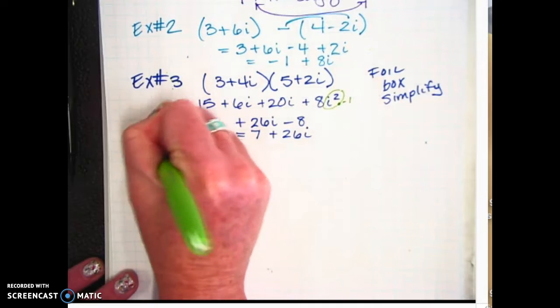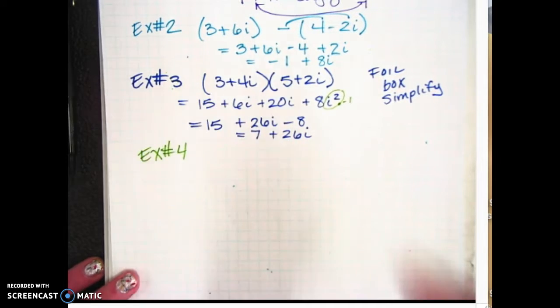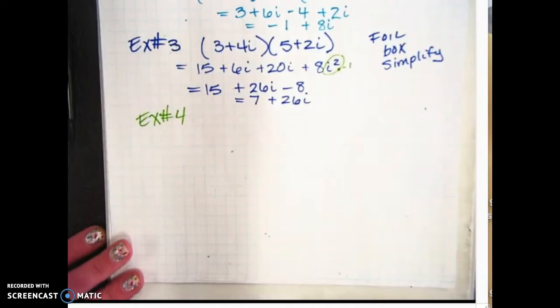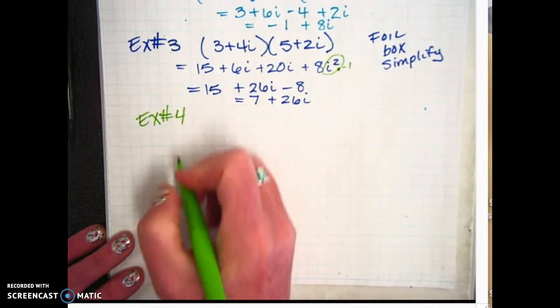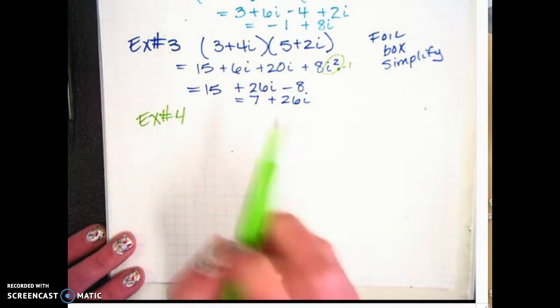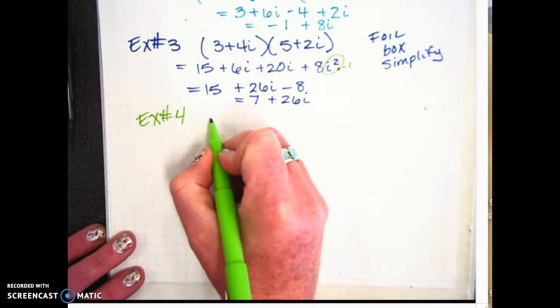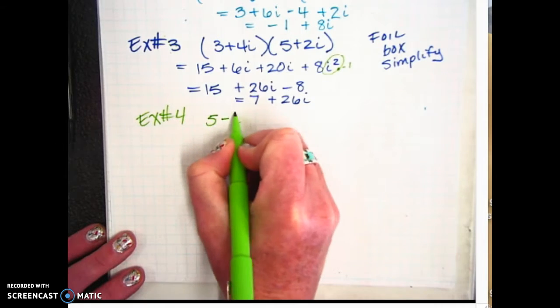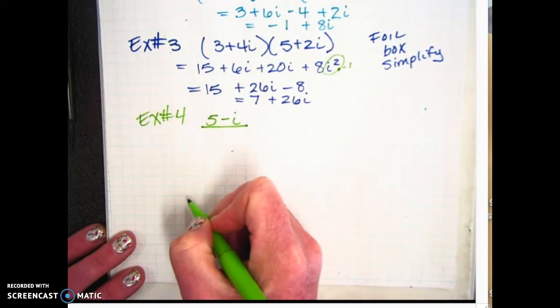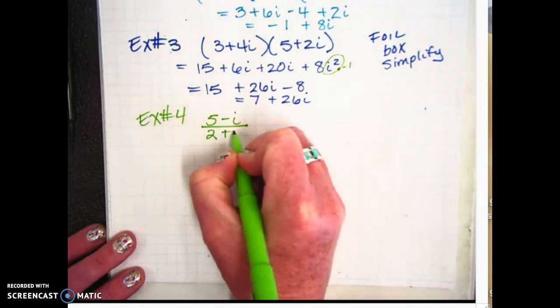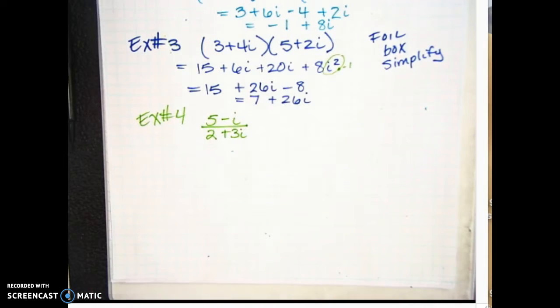Example number 4. Any questions on 3? All right. Multiplying is pretty easy. Let's look at dividing. So we've got 5 minus i divided by 2 plus 3i. Okay, and just like you can't have a radical in the denominator, guess what?